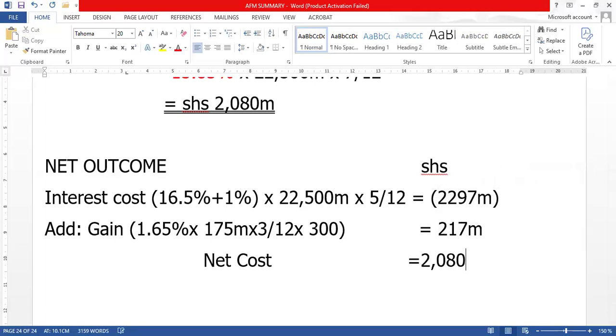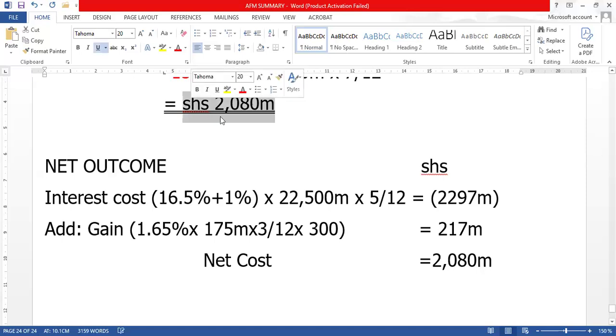So you see that you're getting the same answer. I had used the second approach. Which approach is easy? The second one.